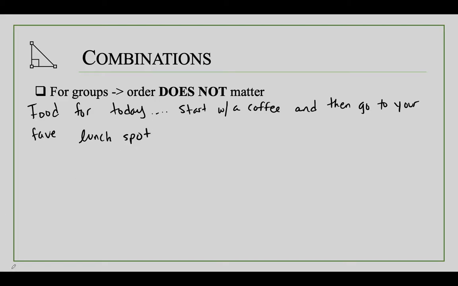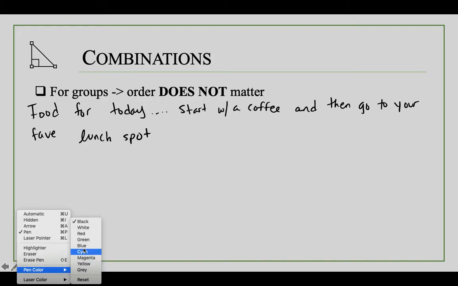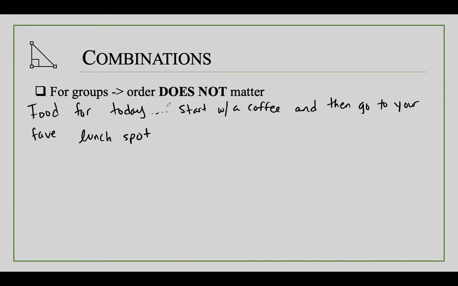So for your coffee options, you are either going to go to Starbucks or you're going to go to Dunkin'. And then for lunch, you're either going to go to Chick-fil-A, you can go to Raising Cane's, or you can go to McDonald's.